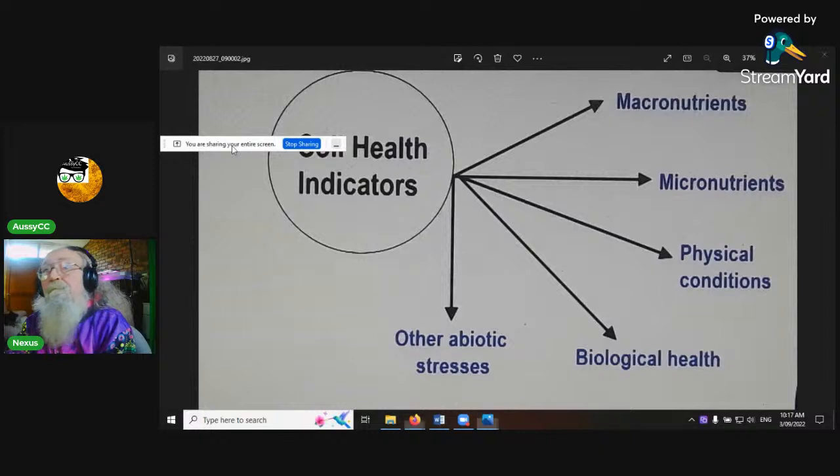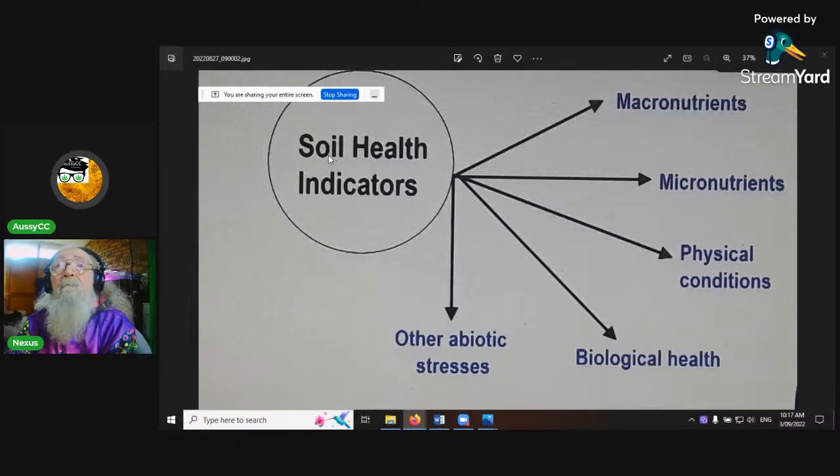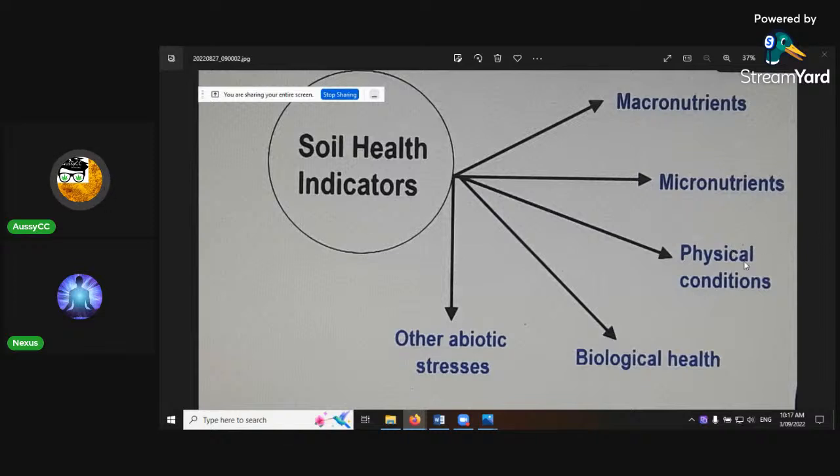So soil indicators. For your soil health, your indicators are your macronutrients, your micronutrients, your physical conditions. They might be stuff like the color, the size of the clay part, your colloidal particles of soil. Actually, did you know that if it's greater than 21 mil, inside of it there's a high chance that it has gone anaerobic?